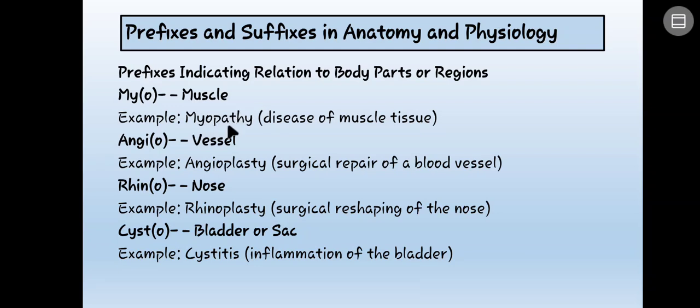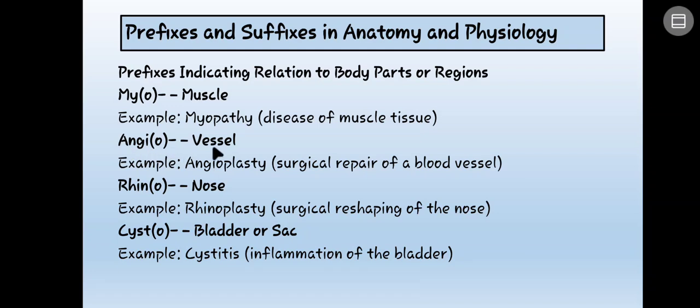Example, myopathy. Myopathy is a disease of the muscle. Pathy is a suffix, and pathy means disease. So myo means muscle, and myopathy is a disease of the muscle.